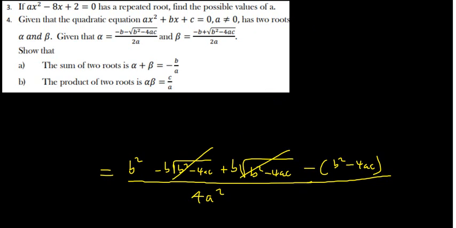And then we just simplify this. What remains is b squared. I'll distribute this negative, so that will be negative 4ac. Before I write that, the first term is supposed to be negative b squared, and then negative times negative 4ac will be positive 4ac, all divided by 4a squared.